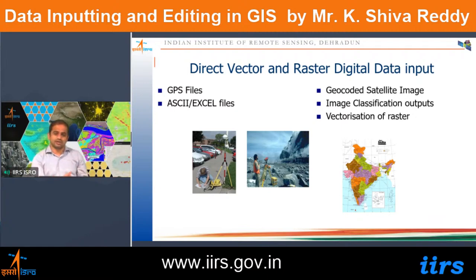Then vectorization of raster, which we also discussed earlier, you can convert a raster into vector based on color value, or based on its DN value, or based on some raster attributes. You can give some threshold or parameters. Based on that, it can be vectorized, and each vector will have a common raster attribute value.